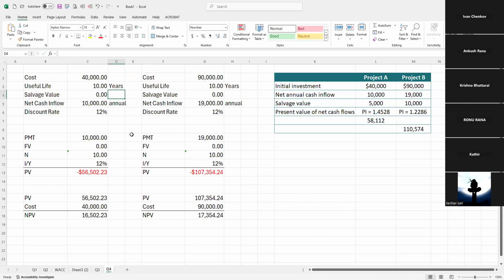Salvage value, 5,000 here and 10,000 here. Now, what else do we need? We don't know the years, and we don't know the discount rate. Those things we don't know. So at this point, we cannot calculate anything. So let's see if there's any information about those on the slides.